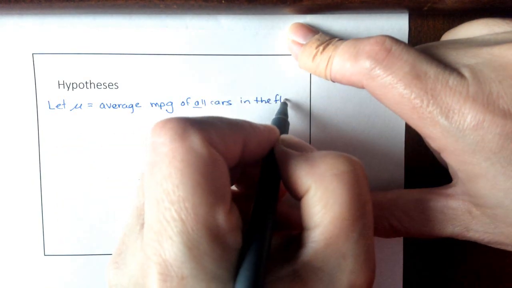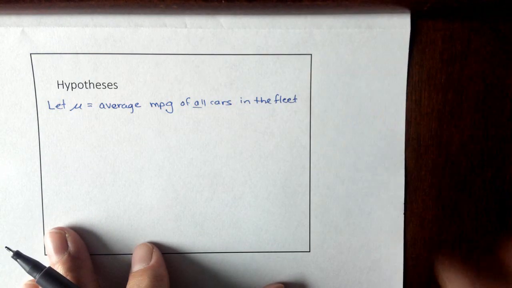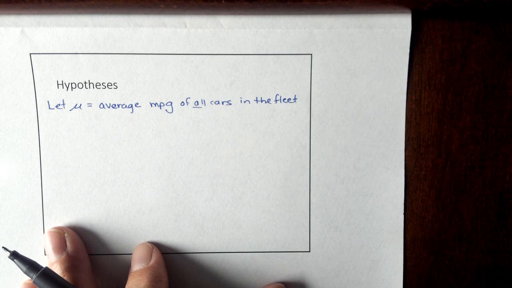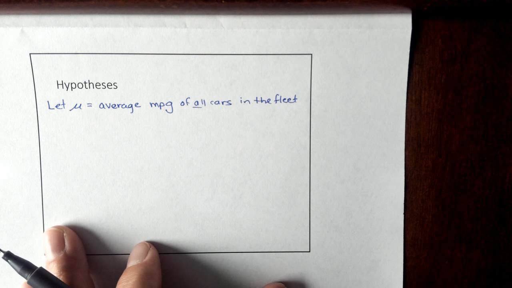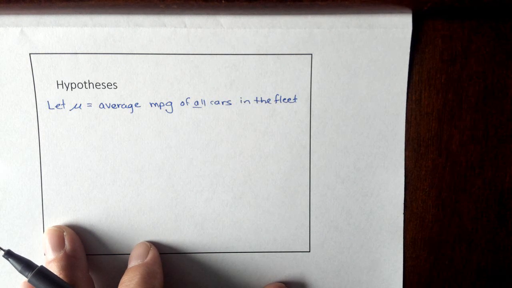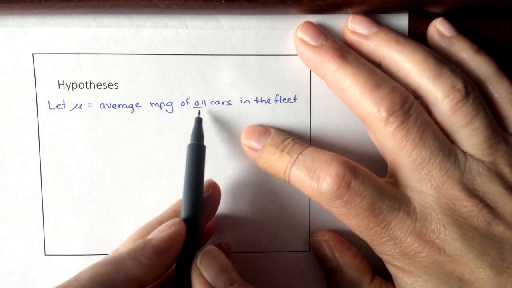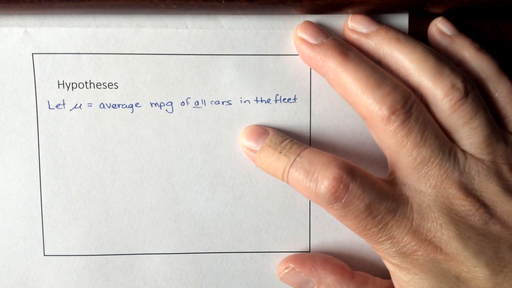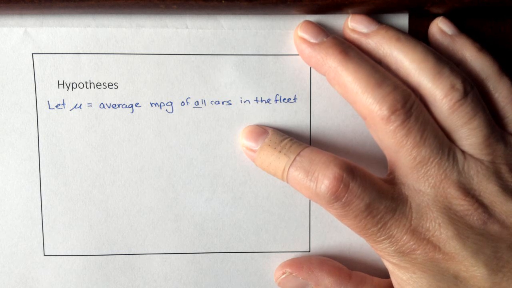Remember, hypotheses are about the entire population, which means there should be no y bars floating around in your hypotheses, just like there should have been no p hats in your hypotheses. If you put y bars here, you're not going to get any credit for your hypotheses. So you're making a prediction about the population of everything in the whole fleet. So all cars, let's make sure we put that in our description of our parameter every single time.